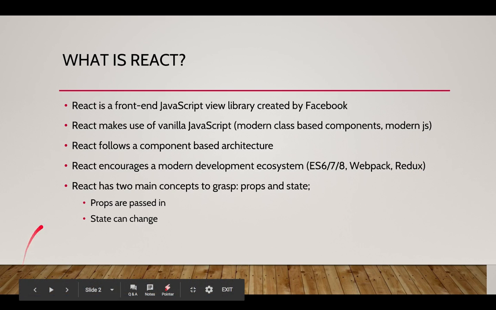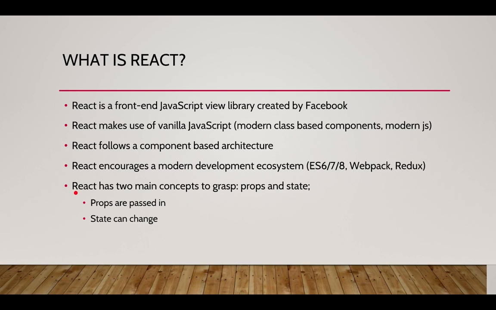So moving on, just diving right in. React has two main concepts that you really need to grasp going in. I believe the best way to start is to say React begins with props and state. Props are passed in. These are properties and attributes that we want a component to have.